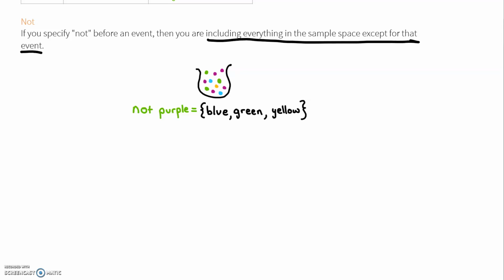So if I looked at this bag of marbles here and I said, okay, the event not purple is everything in the sample space that isn't purple. So normally the sample space would have some green, some purple, some blue, some yellow. But it's not including the purple ones, so not purple is just blue, green, and yellow. That one's pretty straightforward. Another fancy word for it's the complement, but we'll get into more details about the fancy words for stuff later.